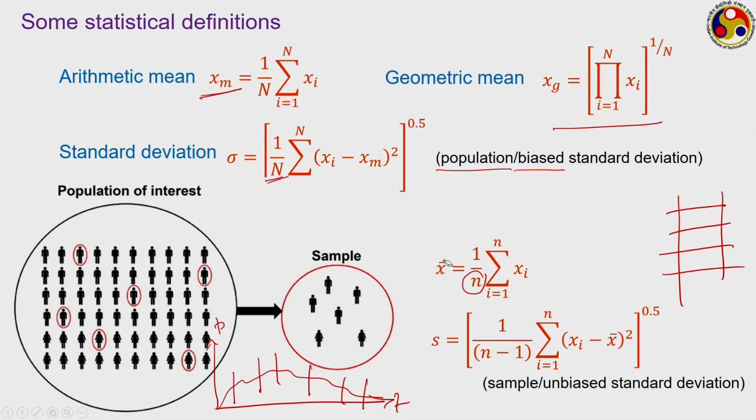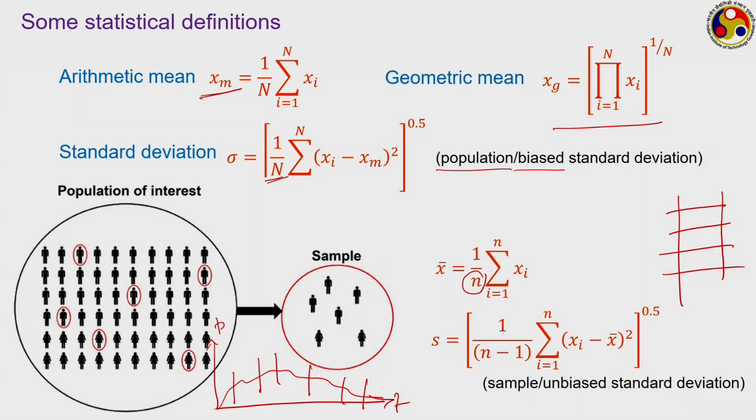So x bar may vary with the sample, and as small n keeps increasing, x bar approaches the actual arithmetic mean. That is, when small n tends to capital N, x bar tends to xm.